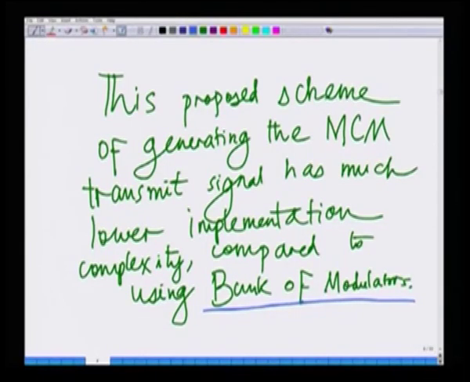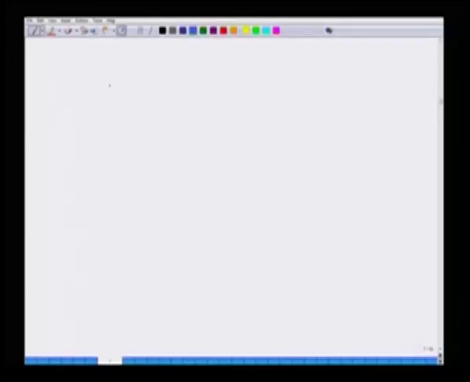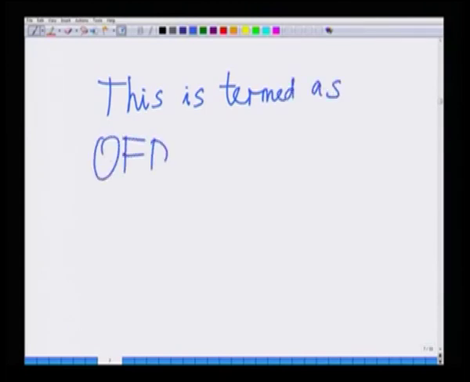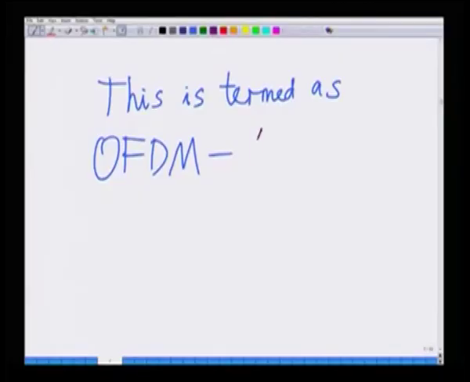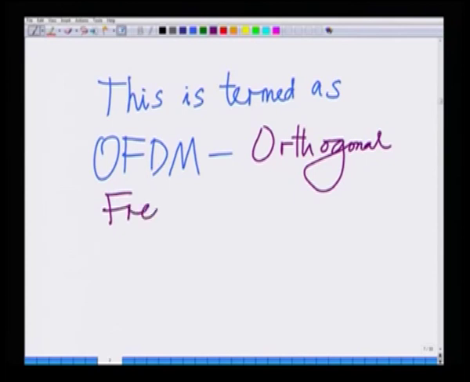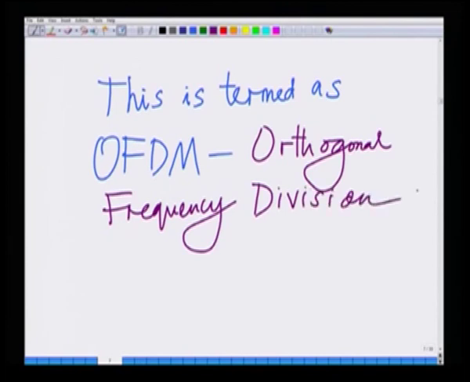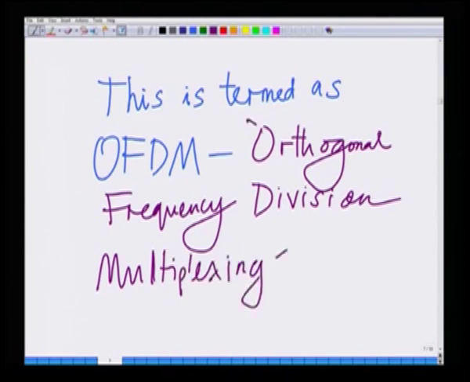So, this MCM with signal generation done by the IFFT operation is termed as OFDM, which as we said is the key technology for next generation wireless communications, 4G such as LTE, WiMAX and WLAN, and it stands for orthogonal frequency division multiplexing.